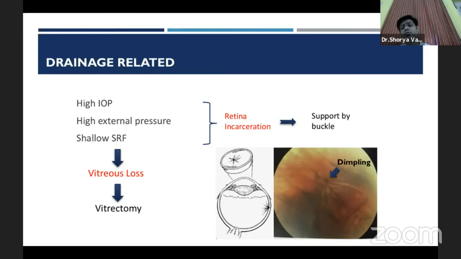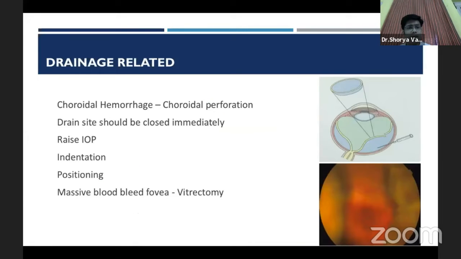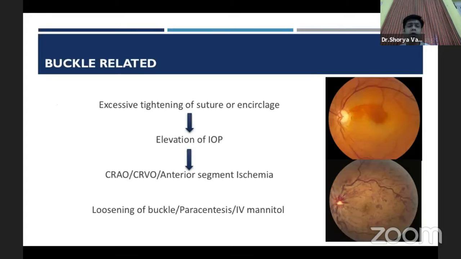In cases where there is only retinal incarceration, you might just support it with the buckle. Choroidal hemorrhage can also be a complication related to drainage, but it is seen more with the cut down technique, and you can again follow the same procedures by increasing the IOP and positioning the patient to put the bleed away from the macula. In massive cases, again, you have the option of vitrectomy.